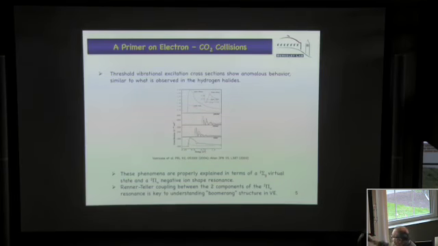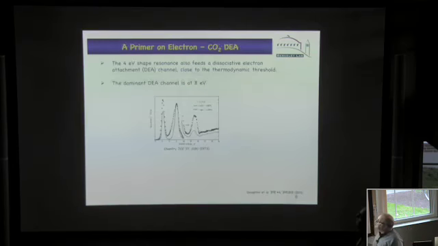And the boomerang structure that one sees in the vibrational excitation is a consequence of the very strong Renner-Teller coupling between the two components of the doublet pi state when it bends back and forth around its linear geometry.